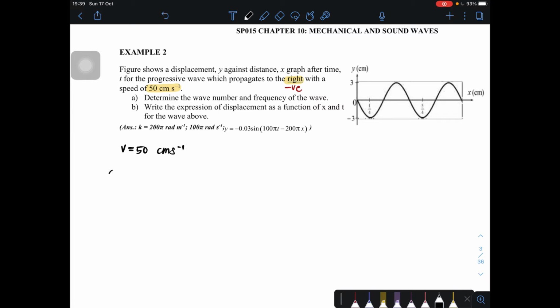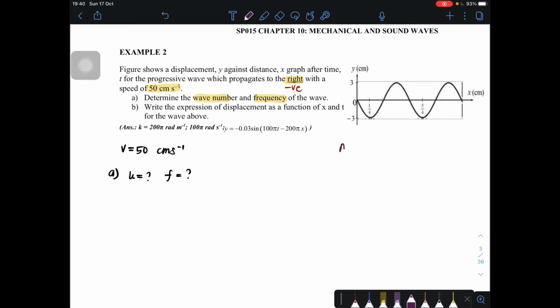Okay, so first one, what we want to find is the wave number and frequency. So we want to find the value for k and also the value for f. So first, from this graph, what information can we get? First one is we can get the value for amplitude.